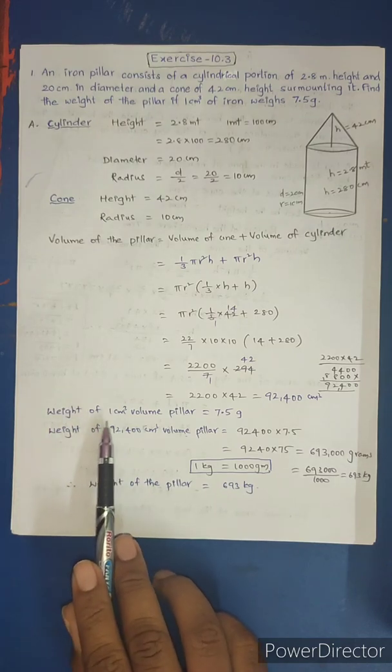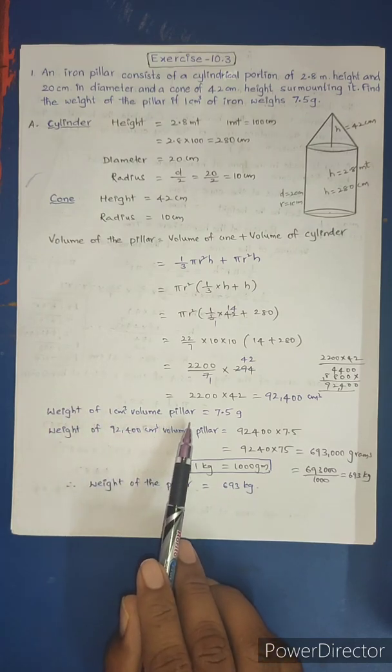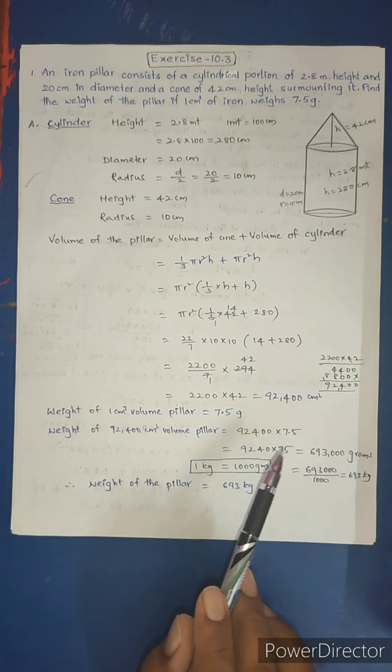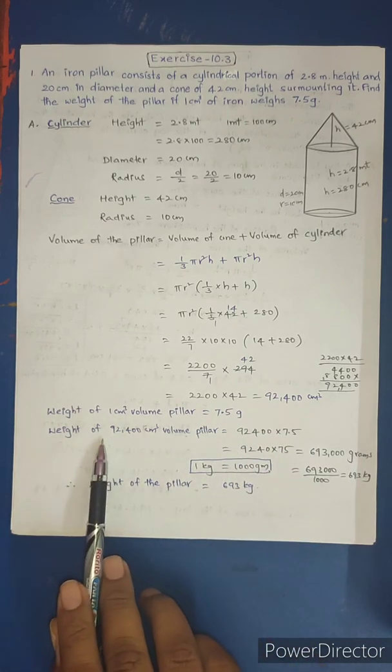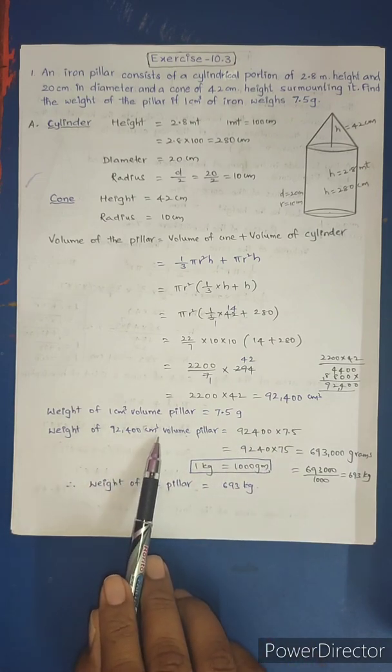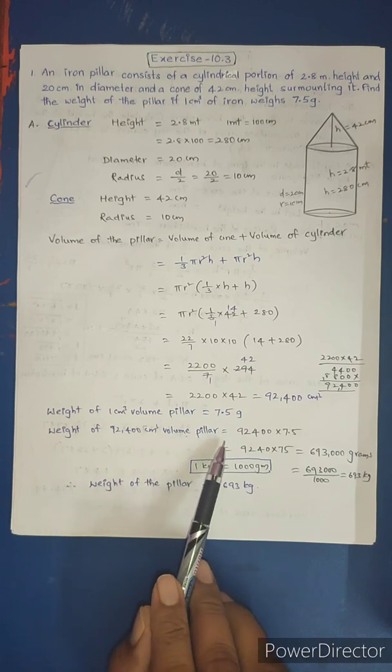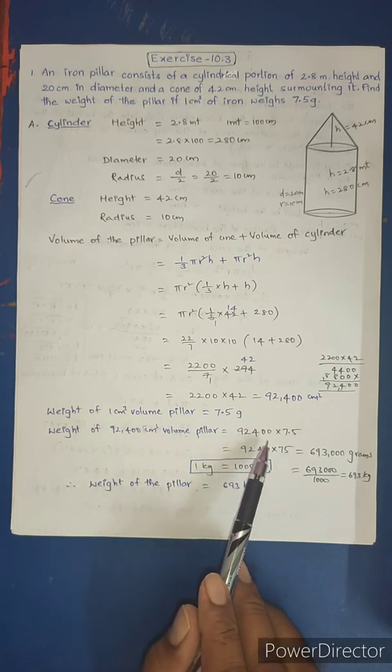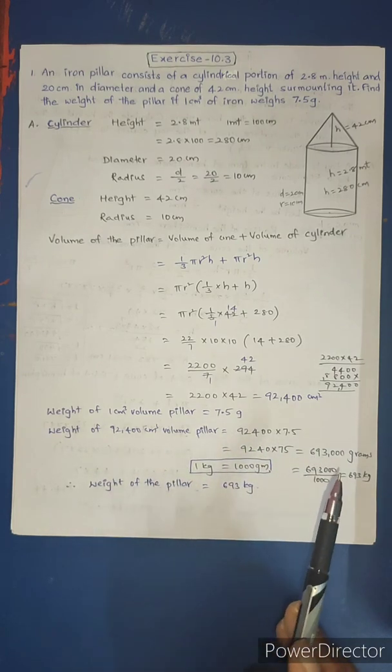Now weight of 1 centimeter cube volume of pillar is 7.5 grams. In the same way, weight of 92,400 centimeter cube volume of pillar is equal to 92,400 into 7.5.